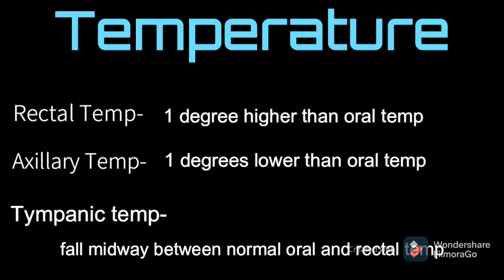So therefore, pag rectal, mas mataas, pag axillary, mas mababa. Axillary is sa kilikili. Okay? And tympanic falls approximately midway between normal oral and rectal temperature measurement. Tympanic temperature is yung temperature natin na kinukuha sa tenga or sa ears natin.